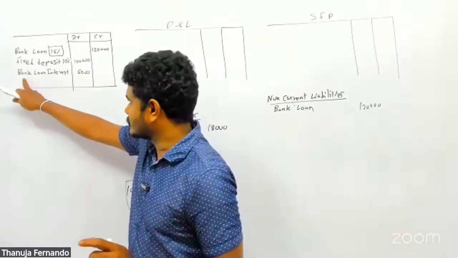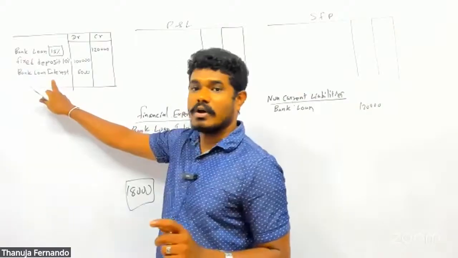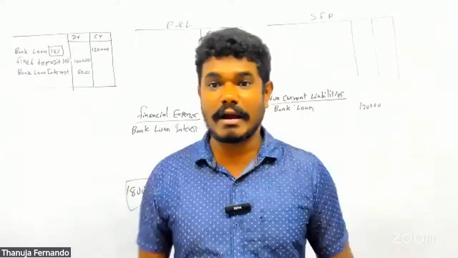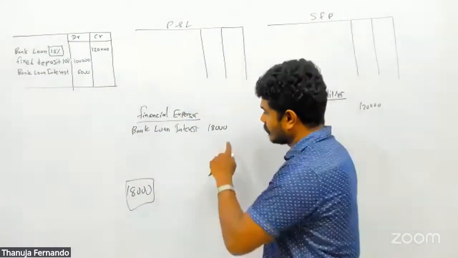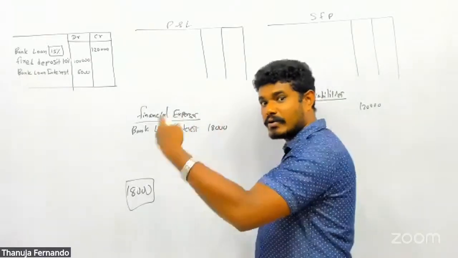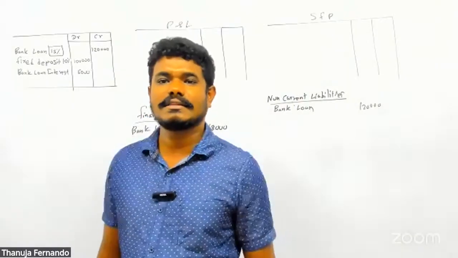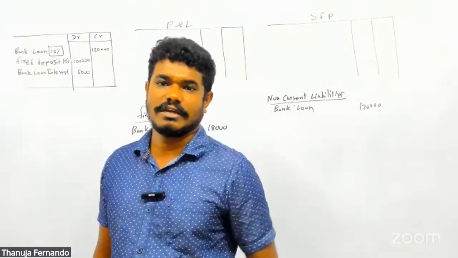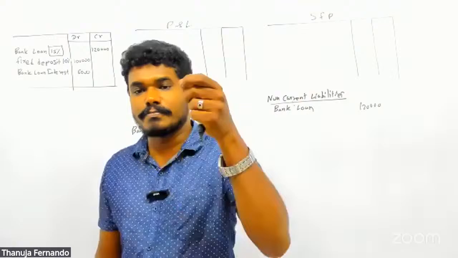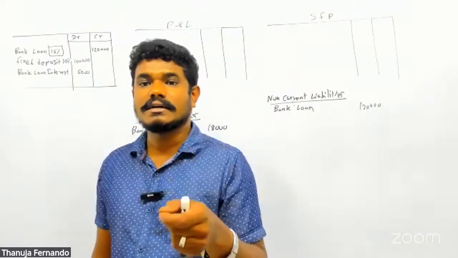Yes, here, as bank loan interest, we have paid 6,000, but we have to pay the total 18,000. It means we have to pay another 12,000. It means that 12,000 of bank loan interest is accrued.